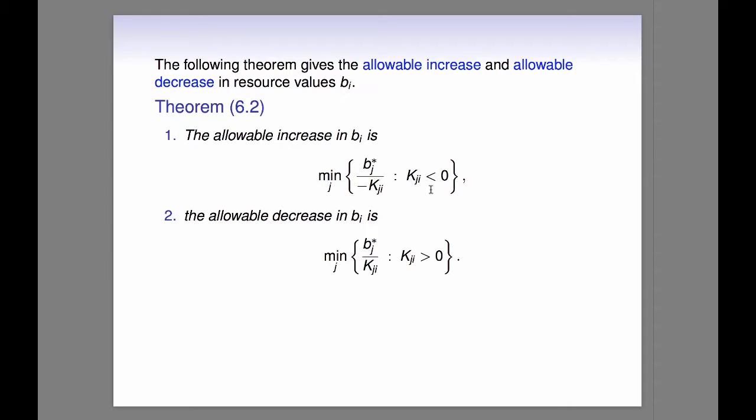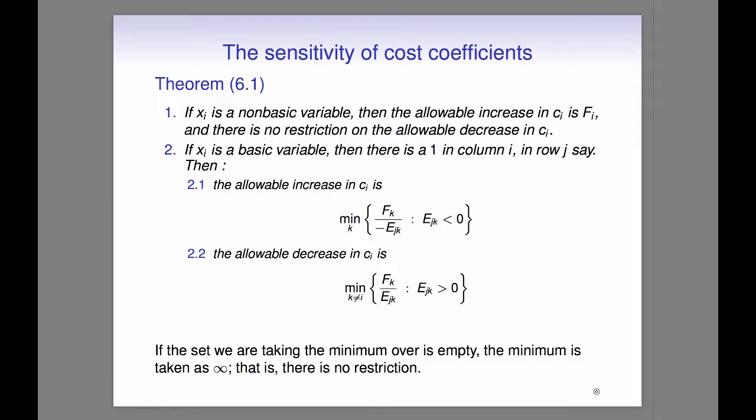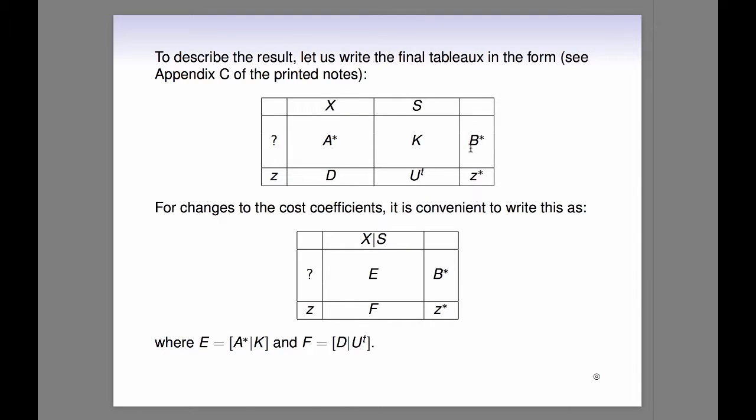In one case we're looking at something being negative, in the other case something being positive, and we're looking at a ratio here, and the numbers will always be positive that we're looking at. The ratios will be positive, and we just take the smallest one. So what are we looking at here? The b_j's over the k_ji's. Well, the b's are the things that are in this column, and the k's are the things that are under the slack variable.